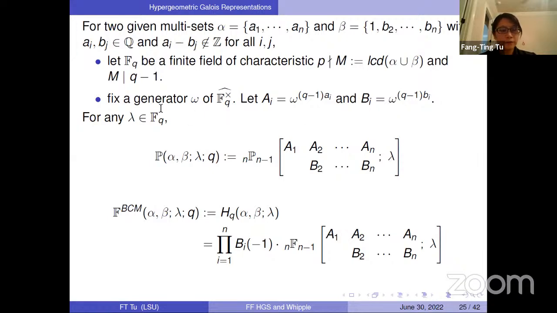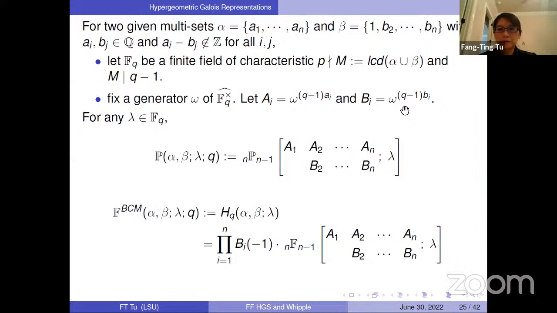Again, we will fix a generator of the multiplicative group, and once we fix the generator, we take the character capital A_i to be the character arising from the little a_i, and so is capital B_j.